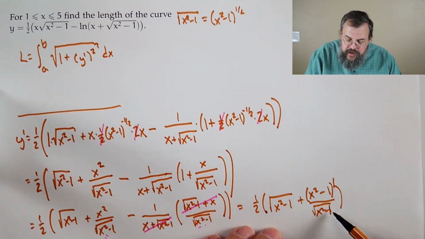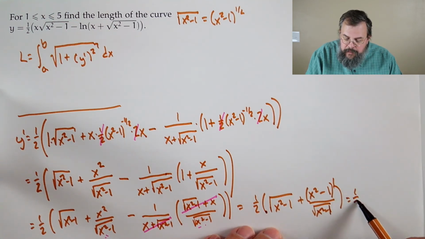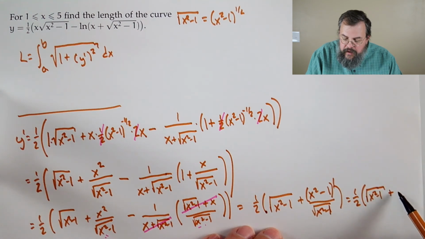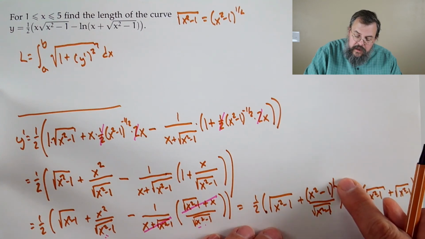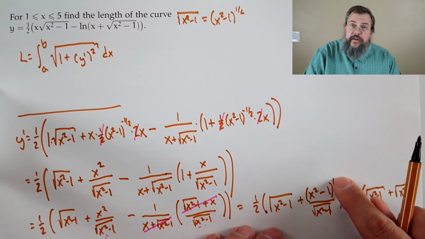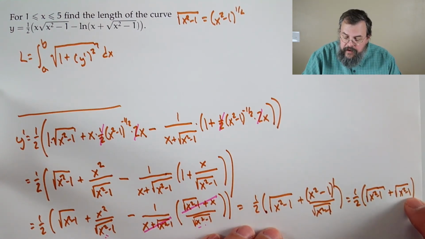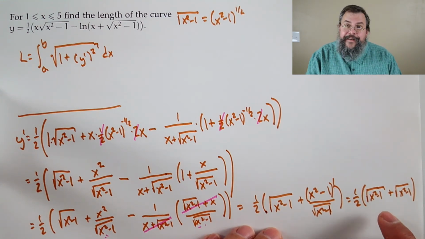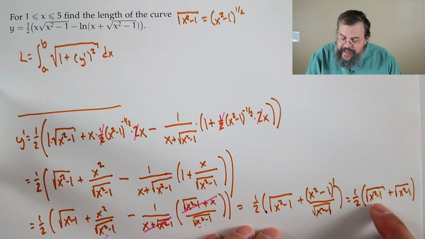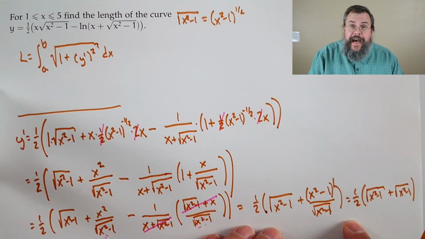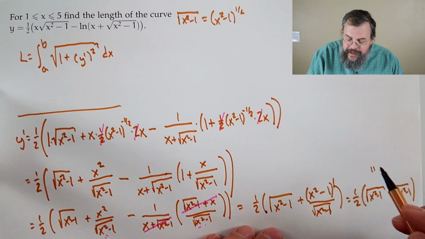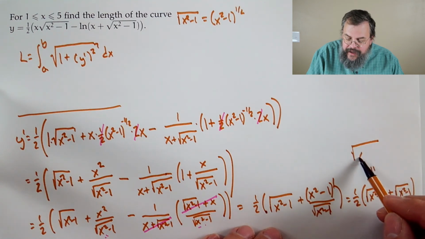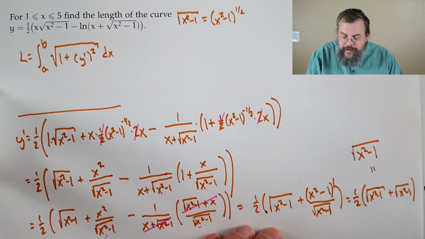So when you put these two together, you can write it as simply the square root of x squared minus 1. In other words, it's to the 1 upstairs, to the half downstairs, and you subtract. 1 subtract a half is a half. They're the same. So if I add these together, it's like I have 2 of them times a half, which leaves us with the square root of x squared minus 1.